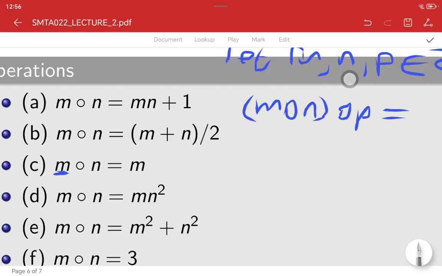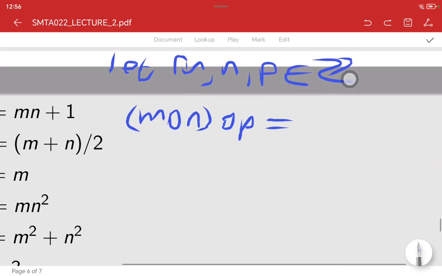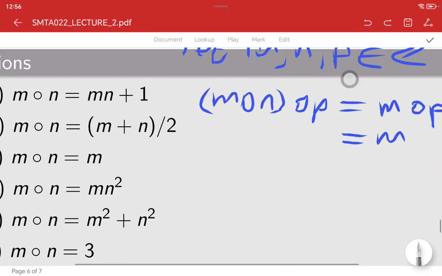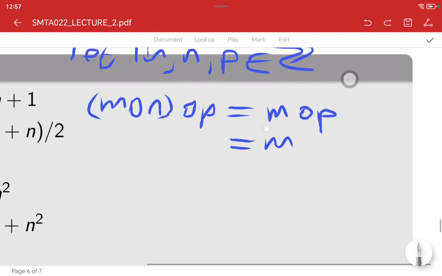So it means that when I compute this one, the answer here will be M on that one, or P. And the answer here will always be M also. Again, we see that the answer is always the first one. Here the answer is M. I just plug the M in there because I know that that one is also M. Then when I compute this, the answer will also be M because M is the first element there.